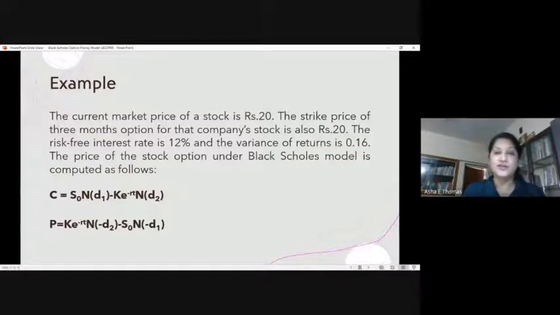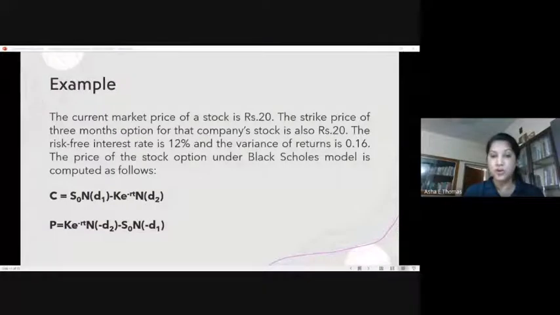And the variance, here you have to note that it is variance. Earlier in binomial and all, we went with taking standard deviation. Now this is variance. So that is the difference which you can find here in the Black-Scholes formula. While learning also, please take care of it. Here we have variance. Variance of return is 0.16.